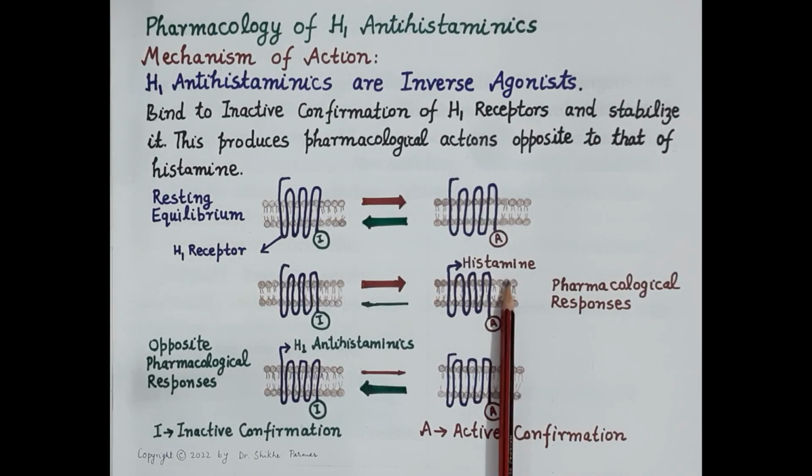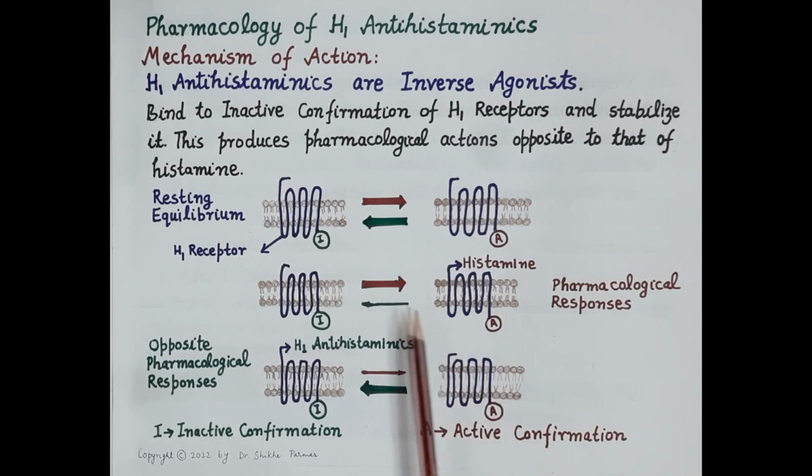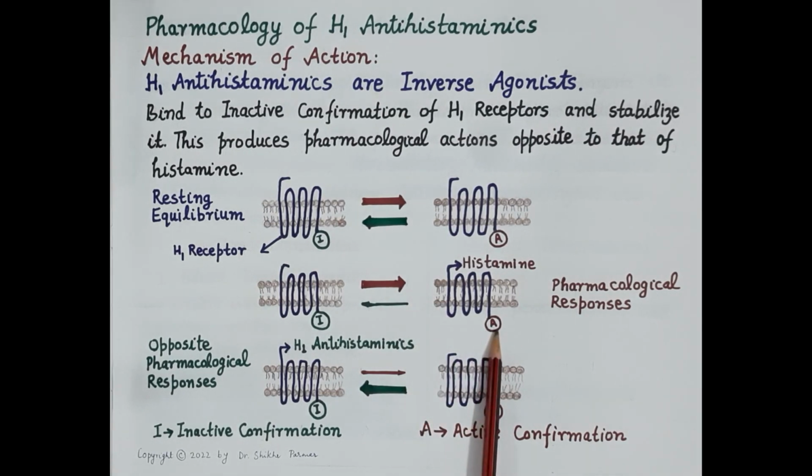Now the agonist, here the histamine, binds preferentially to the active conformation of the receptor and shifts the equilibrium towards the active state, and this produces the pharmacological response.